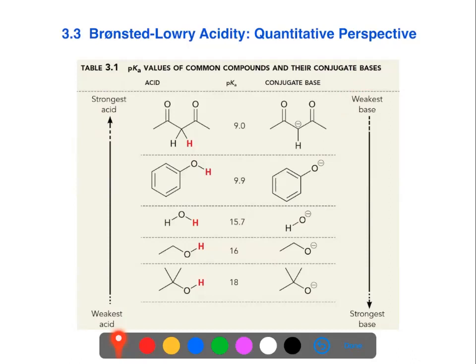The opposite is true as we proceed to, let's say, the alcohols, which are much less acidic than our inorganic acids and sulfuric acid. The conjugate bases of those alcohols are some of our stronger bases.